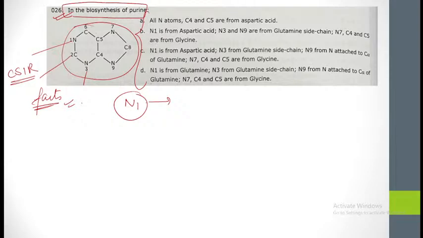Quickly mark the answers. Okay, others also get the answer.